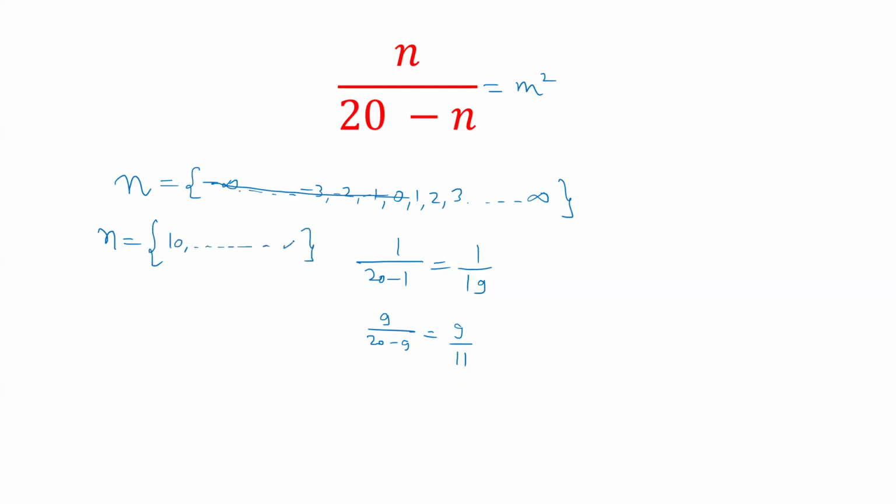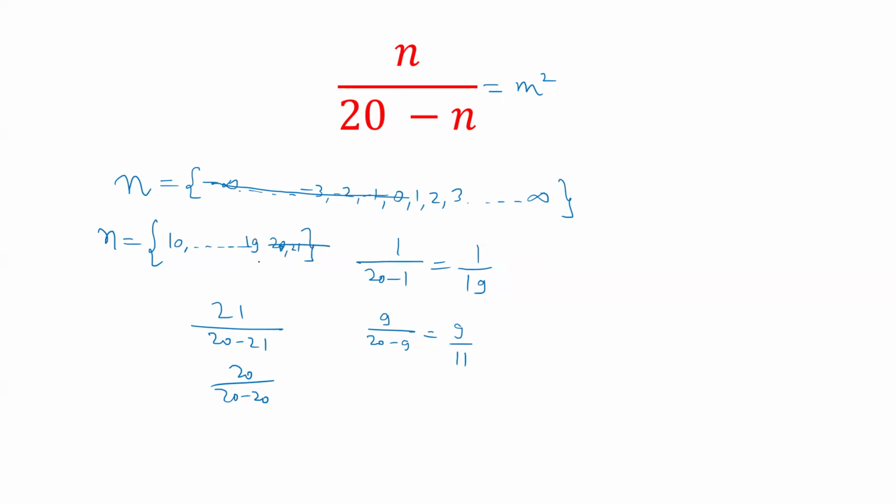Now the next thing is, if we take more than 20, say 21, the denominator will be negative, so we cannot take more than 20. And we cannot take 20 either, because the denominator would be 20 minus 20, which is 0, and that is not possible. So all the numbers from 20 onward are struck off.